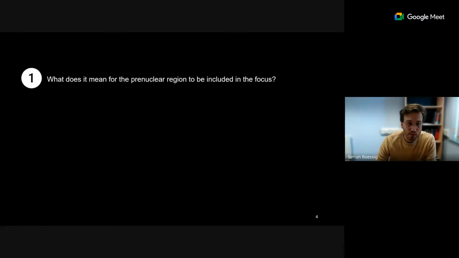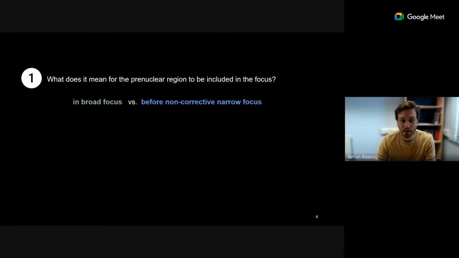So in this presentation, we'll be looking at the following questions. First, what does it mean for the prenuclear region to be part of the focus, to be included in the focus? And this is going to be the comparison of prenuclear prominence or prenuclear prosody in broad focus versus prenuclear prosody before a non-corrective narrow focus.